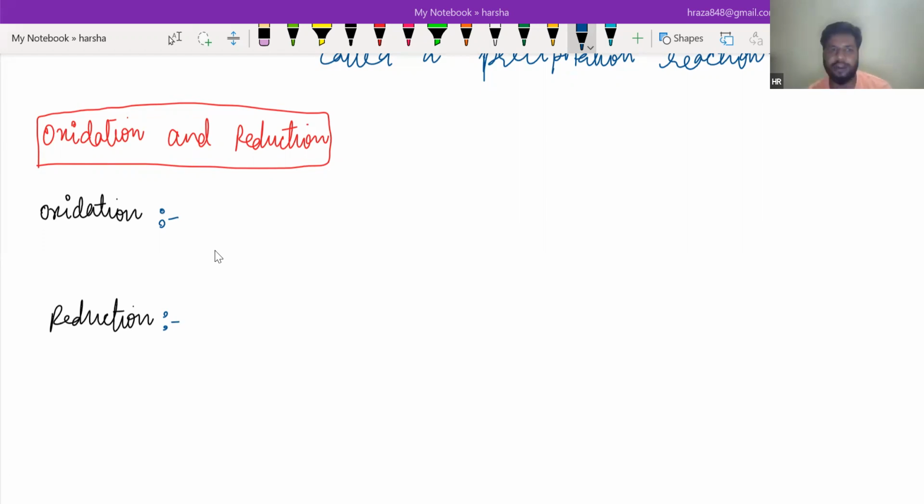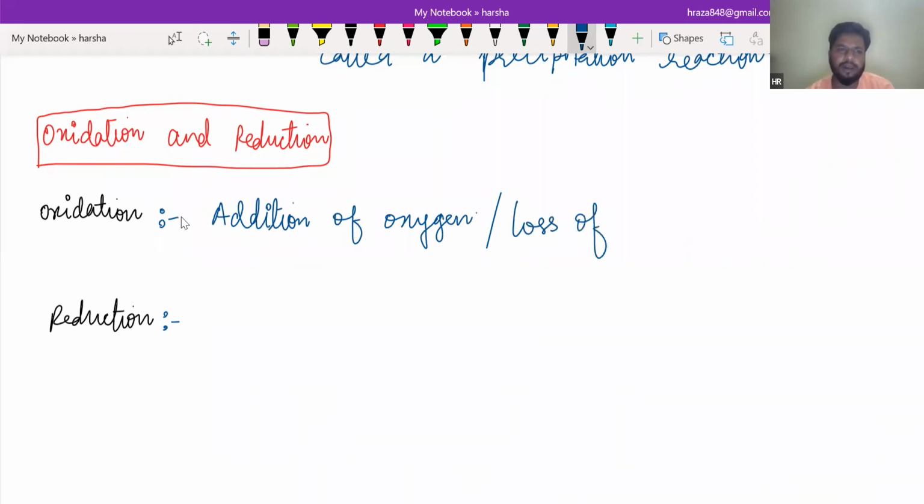So basically, oxidation is defined in two terms in class 10. The first method to define oxidation is addition of oxygen. We can say gain or addition of oxygen is called oxidation, or loss of hydrogen is also called oxidation.